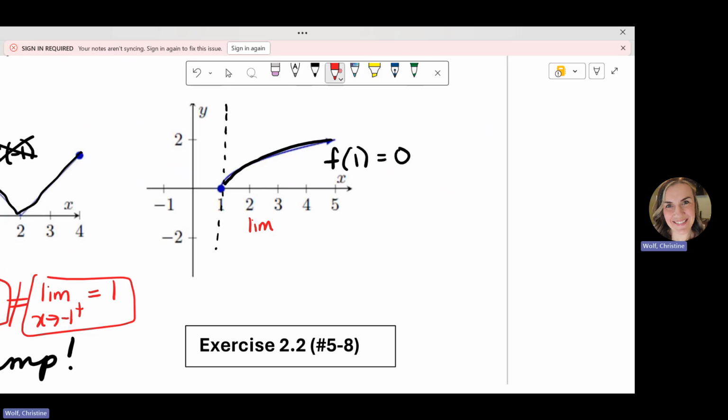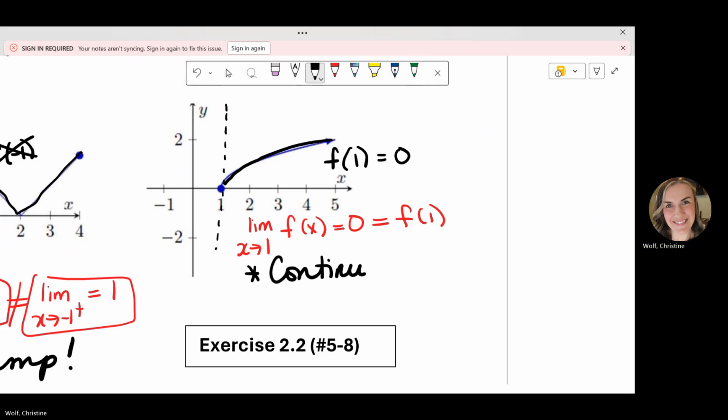So the limit as x approaches 1 of my random function equals 0, which is also equal to f of 1. Okay, so this is continuous, but because of this unique situation with no function on the left, what I want you to write is continuous, but then just add in from the right.